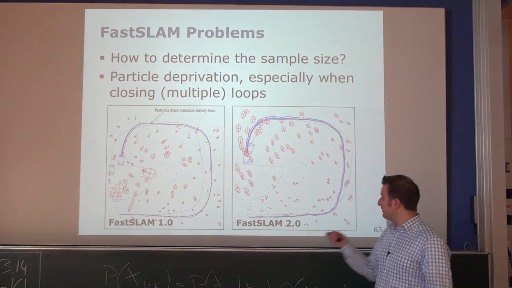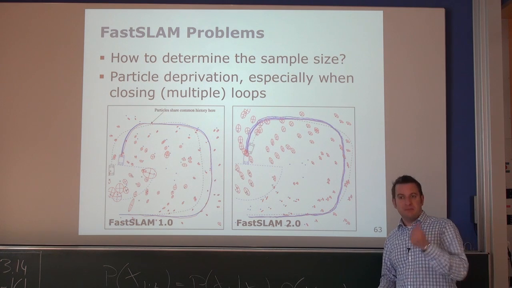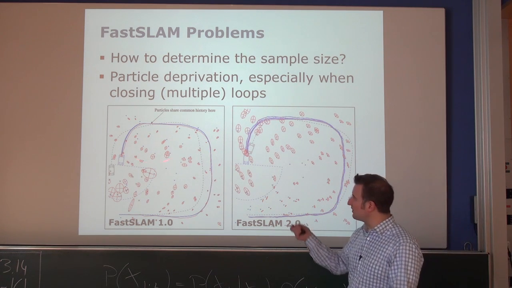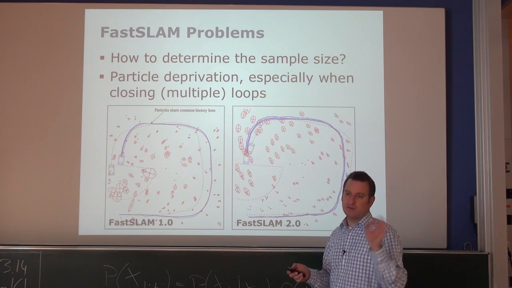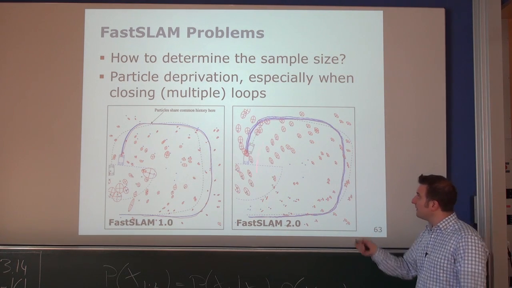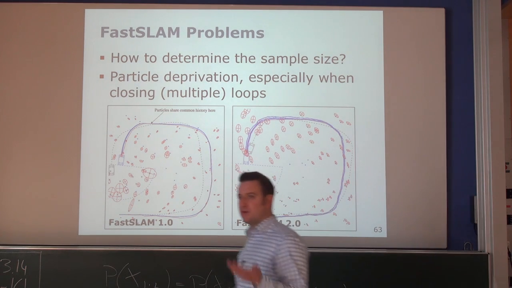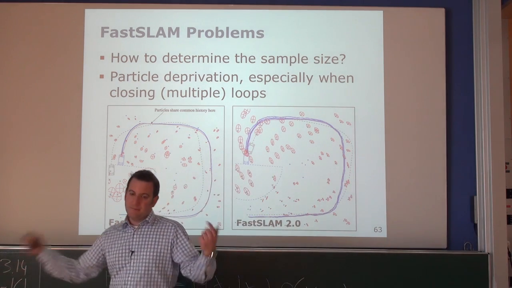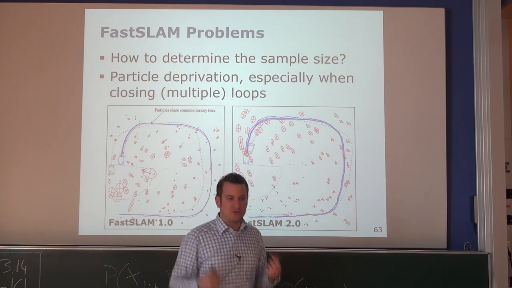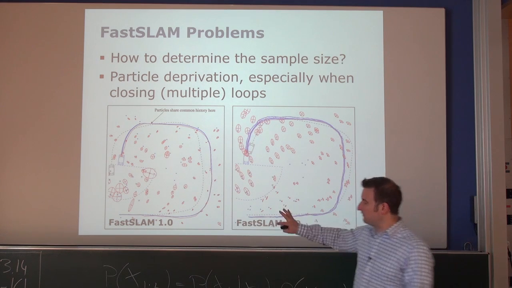As a result, FastSLAM 2 has a higher diversity of estimates, because they are all good estimates. Here we just converge to one mode, so to say. This one is more likely to maintain multiple modes, and this is substantially better when you close large loops, because then multiple hypotheses about what the trajectory looked like in the past make a big difference. But this is just a teaser.